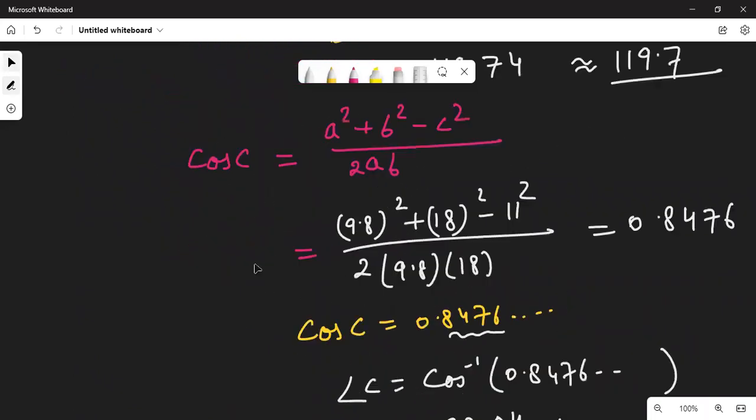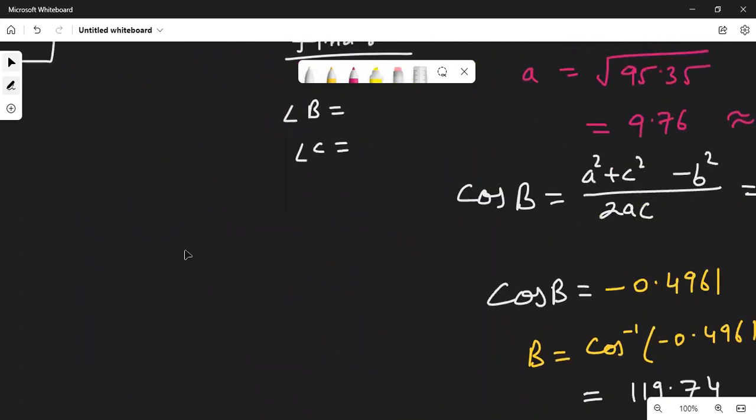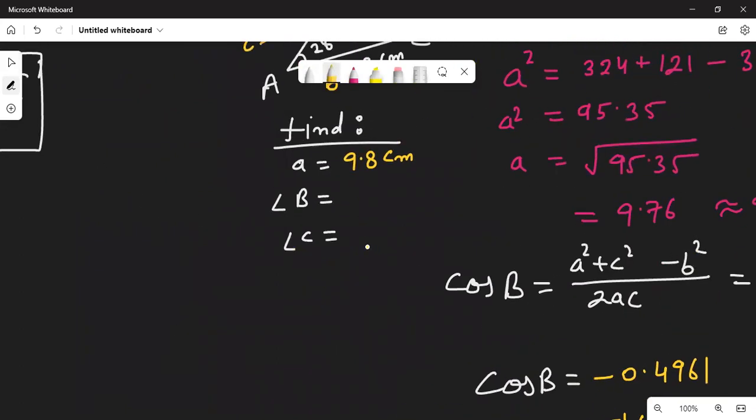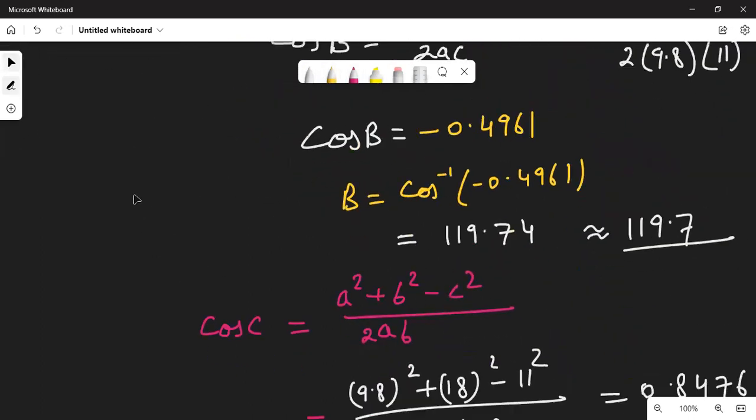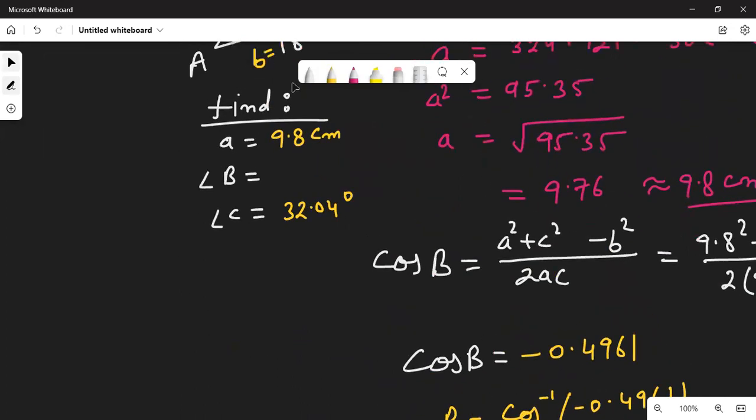Angle C is 32.04 degree, and angle B is 119.7 degree, right?